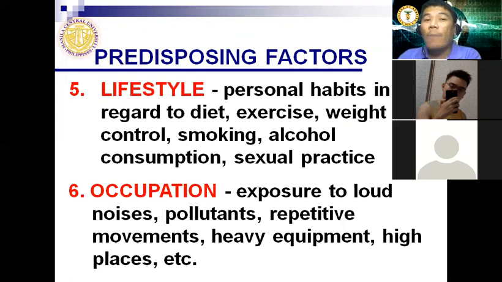So as what I've told you, diet, exercise, smoking, alcohol drinking, these are lifestyle. But if we consider alcohol intoxication, that could be considered the effect of the alcohol to the body, which is modifiable. But if we're considering the habit of taking alcohol, that may be considered as predisposed with a lifestyle.